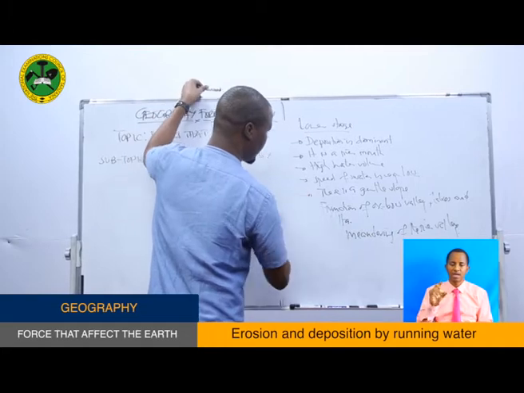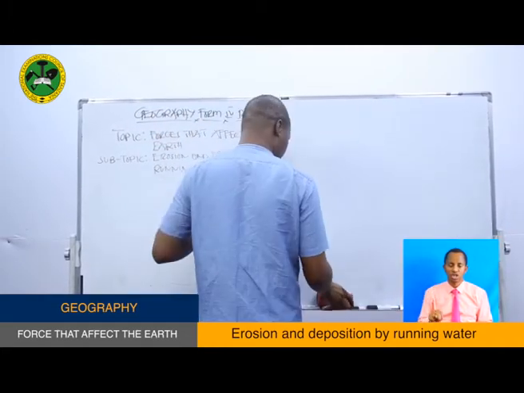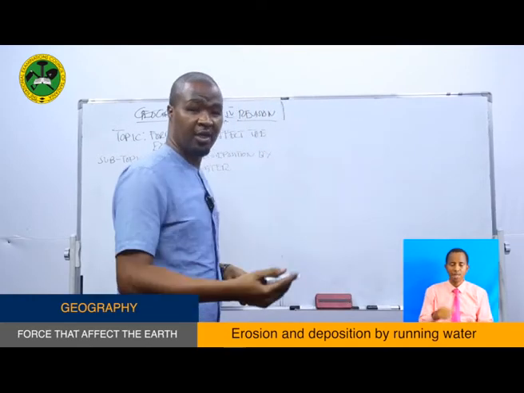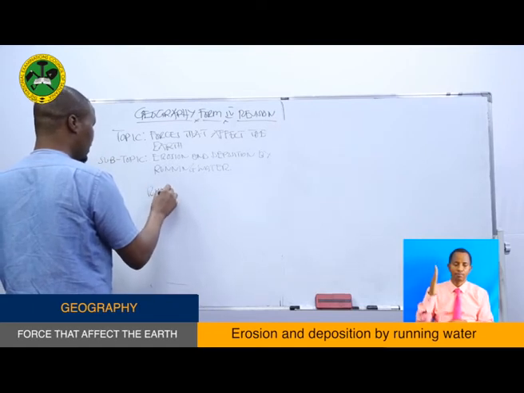The river action will refer to the processes or the functions the river plays as it flows from one point to another. So the first action we have is what we call river erosion.